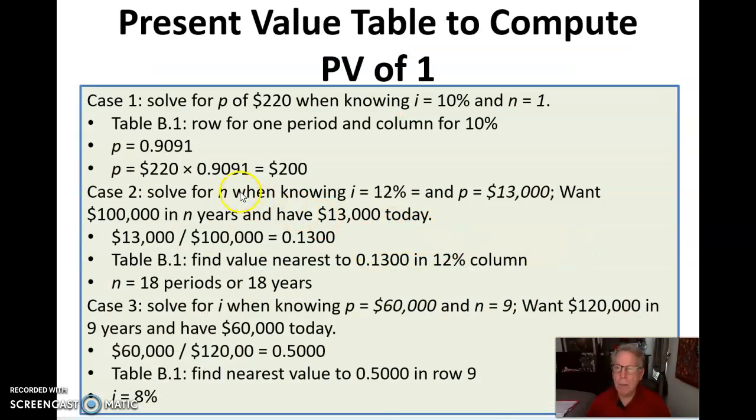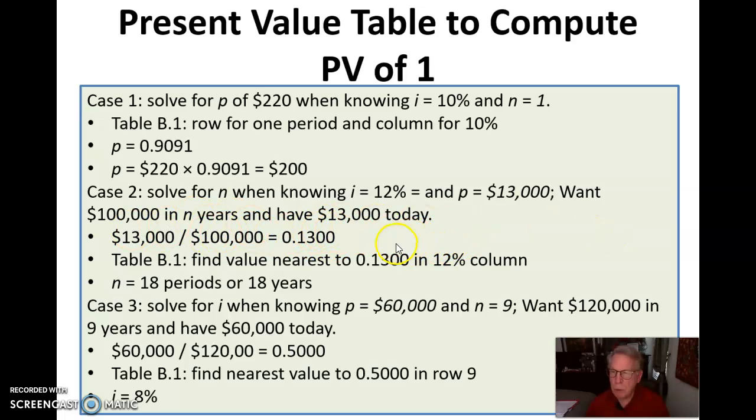Okay, back to our problem then. That's where we got that 0.9091. So then all we need to do is take the $220 and multiply it by the factor there, and away we go. If you use my factor, you need to divide.